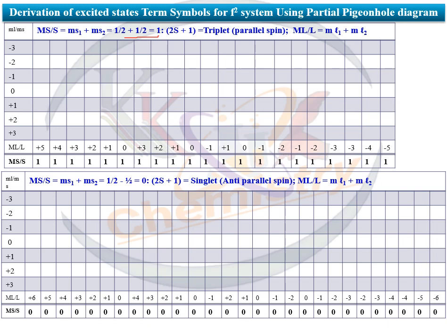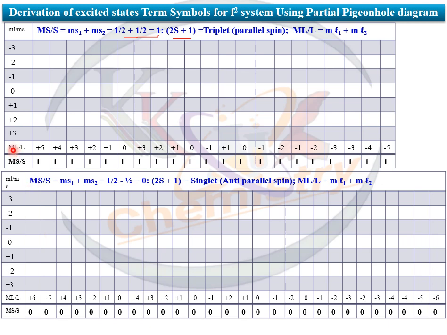By putting the value of S in the spin multiplicity formula, 2 into 1 plus 1, we get 3, a triplet state. So a triplet we can get from a parallel spin, and the ML value here will be calculated by adding the ml1 value of the first electron and the ml2 value of the second electron.